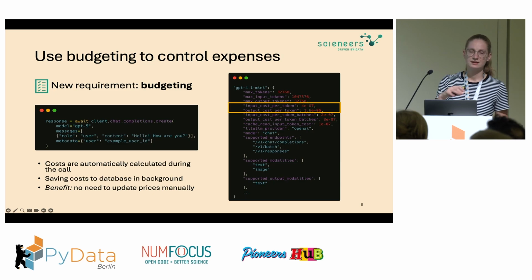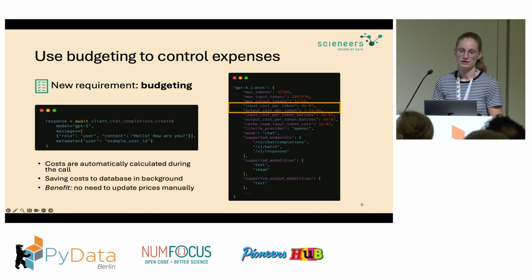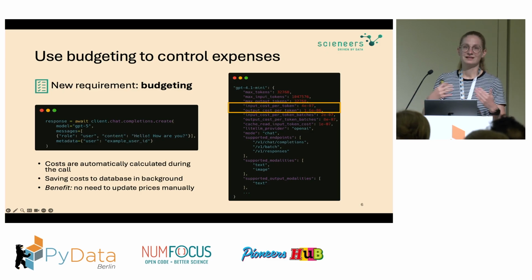The nice thing about this whole process is that we do not need to deal with the pricing updates on our own, because we may host a lot of different models in the future and do not want to keep up with all the pricing changes. However, we regularly need to update our proxy server, thus deploy a new Docker image version, otherwise we do not get the price updates as well.